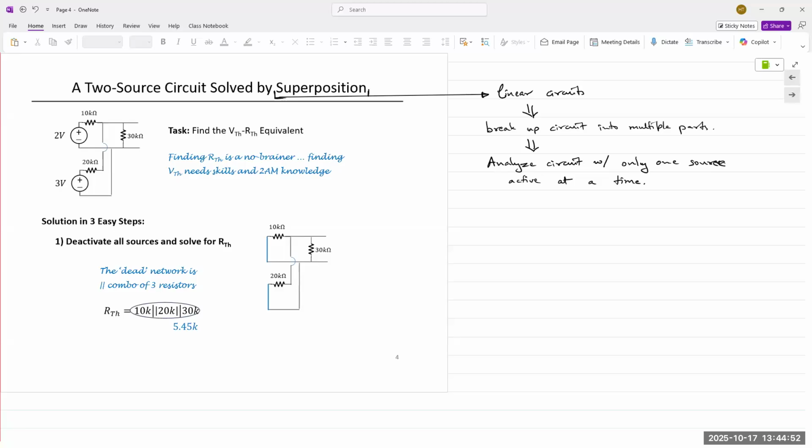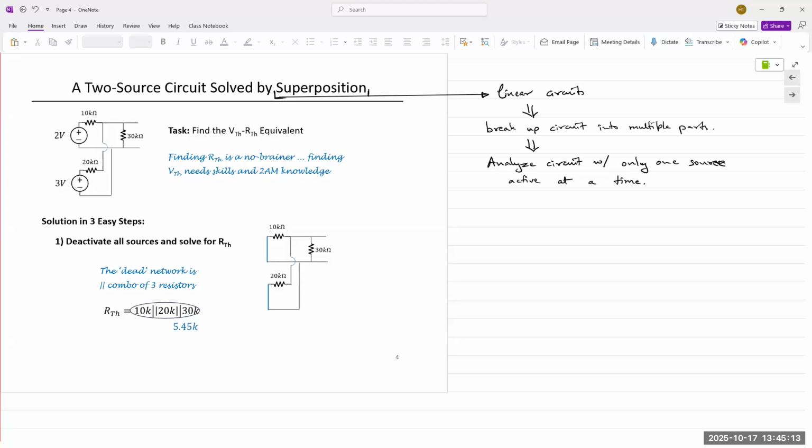If you have 4 sources in the circuit and you wish to find the voltage at one single point, you have to analyze and find 4 values for that voltage, one for each of those sources at a single time. This results in simplification of the network analysis, right? You can simplify your analysis.